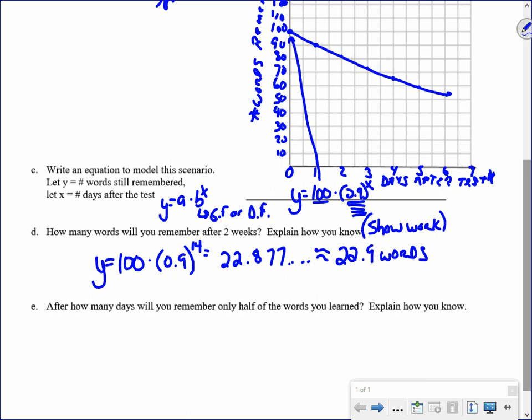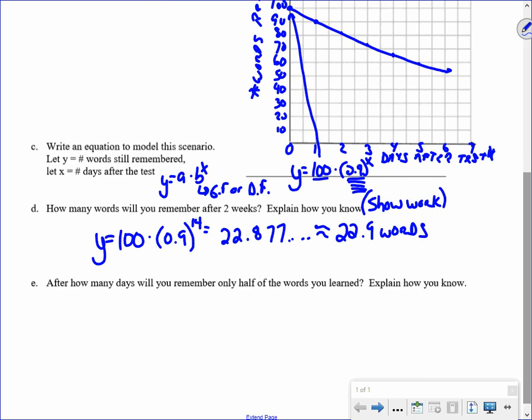Show your work. All right, and again, after how many days will you remember only half the words you have learned? Well, remember, the words that we've learned is 100, right? So what's half of 100? Right, 50.